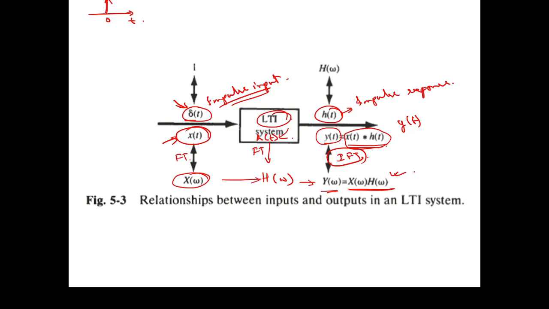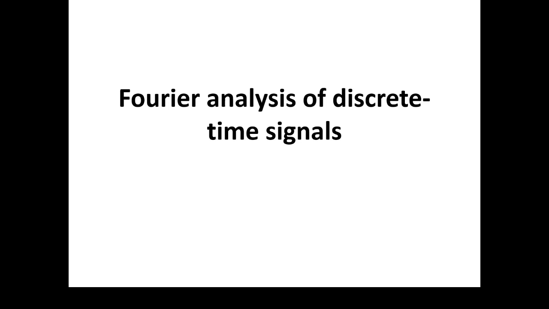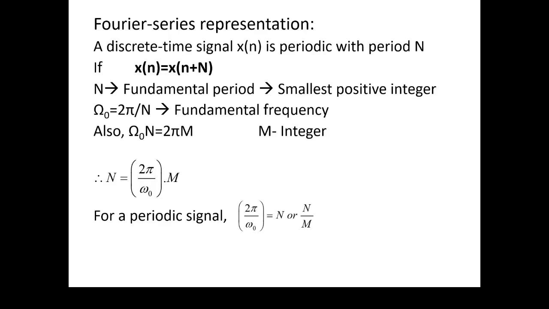Many times you will find that this approach is followed, that is, the output is computed in the frequency domain, and then through inverse Fourier transform we get to the time domain signal. Now coming to the Fourier analysis of discrete time signals.